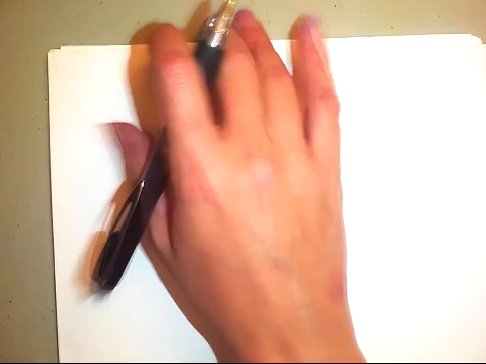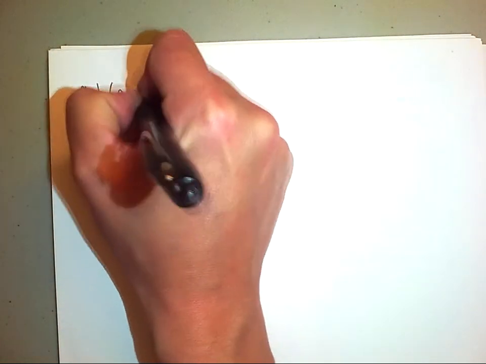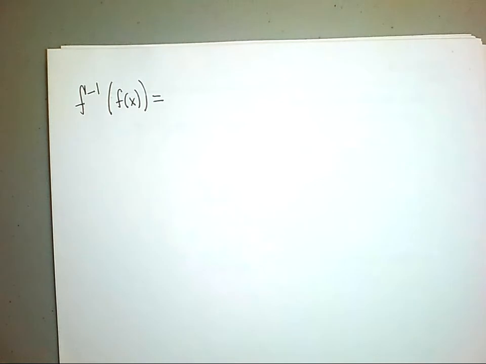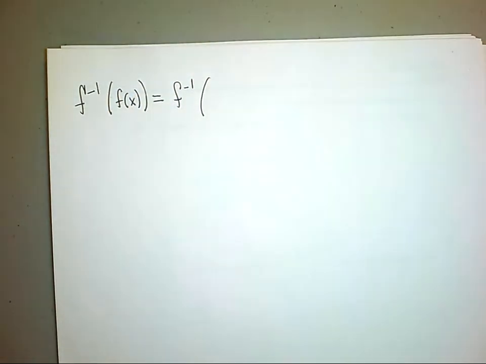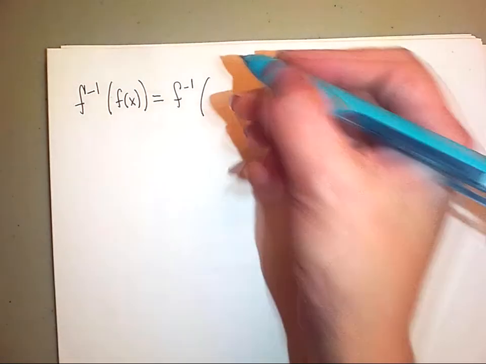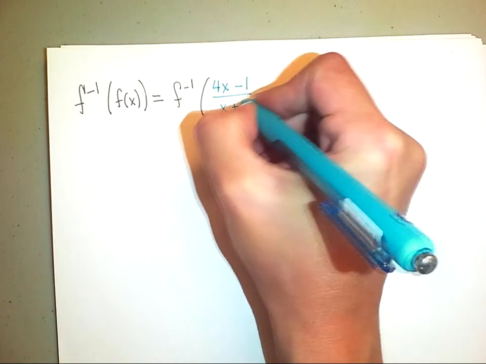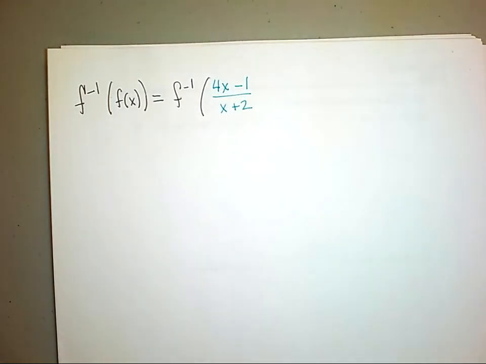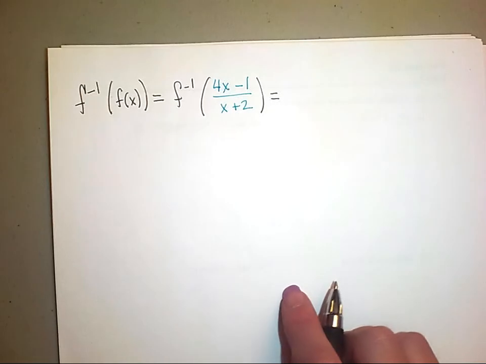But we're not done. We have to do it the other way as well. We have to take f inverse of x and put f into it. So that means we're taking f inverse of, what did we say? f is 4x minus 1 over x plus 2. Okay.